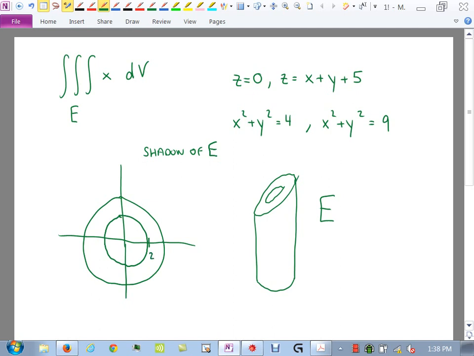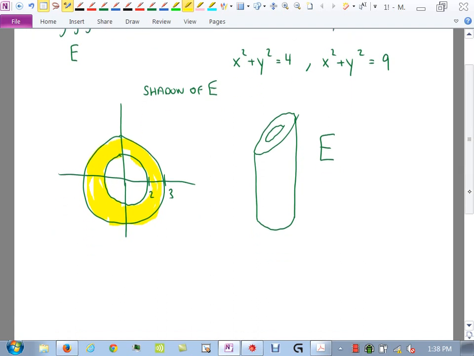Terrible drawing. 2 and 3 though, right? And I want to integrate over that region. I look at it and I say that's perfectly suited for polar coordinates.